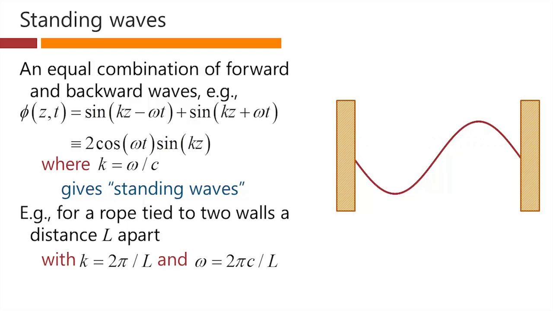So let's look at what happens to this wave here. That's the classic behavior we see for standing waves on a rope, and it's an excellent example of both linear superposition and the overall behavior of wave equations.